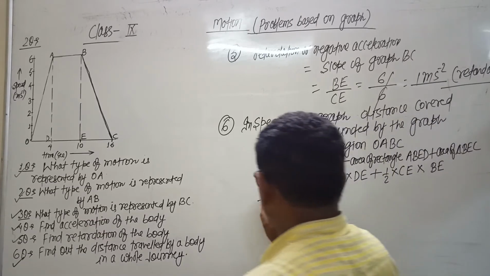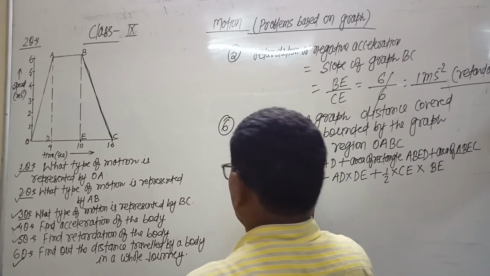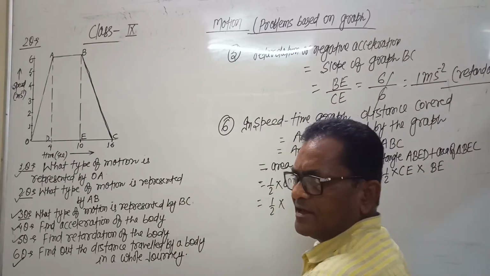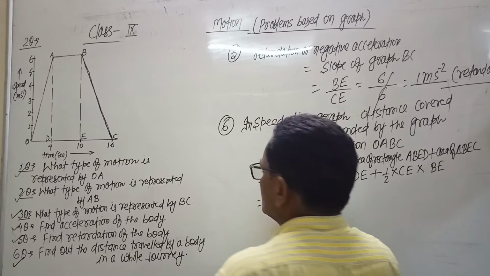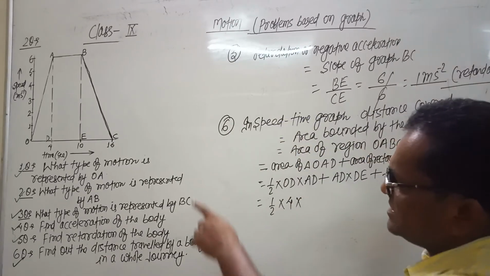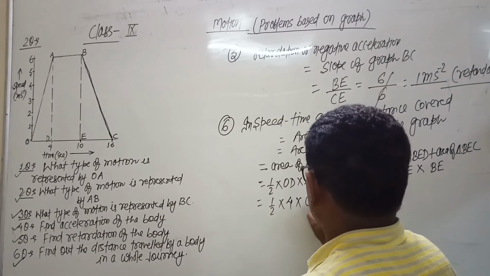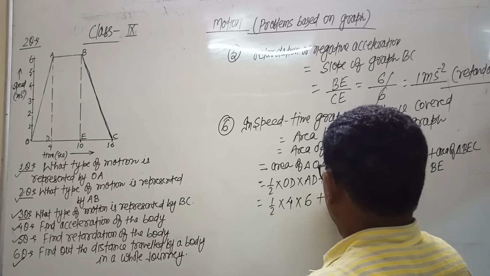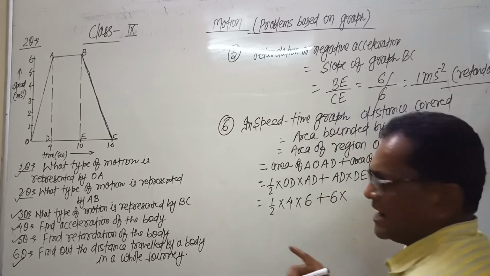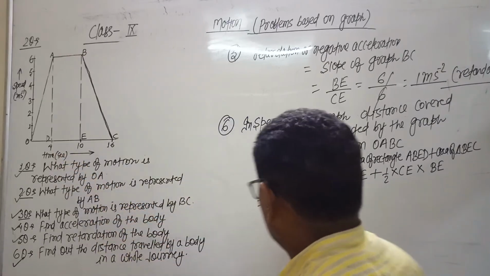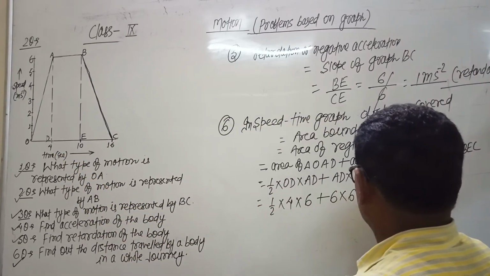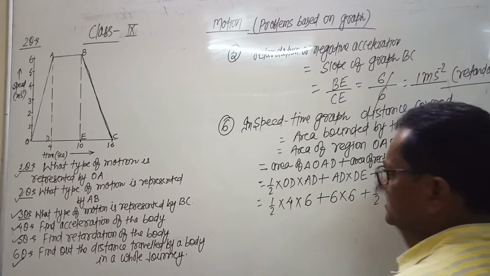Now put the values: half into OD, OD is 4 from 0 to 4, into AD, AD is 6, plus AD is 6 and DE is 6 from 4 to 10, plus half into CE.